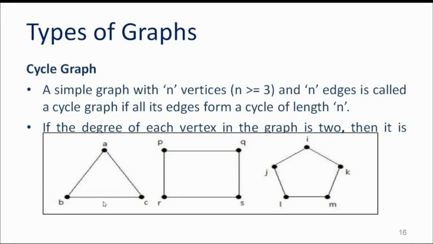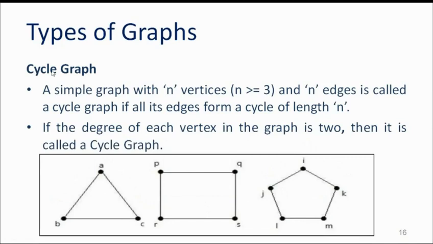So this is a cyclic graph, A to B, B to C. If the degree of each vertex in the graph is 2, then it is called a cyclic graph.